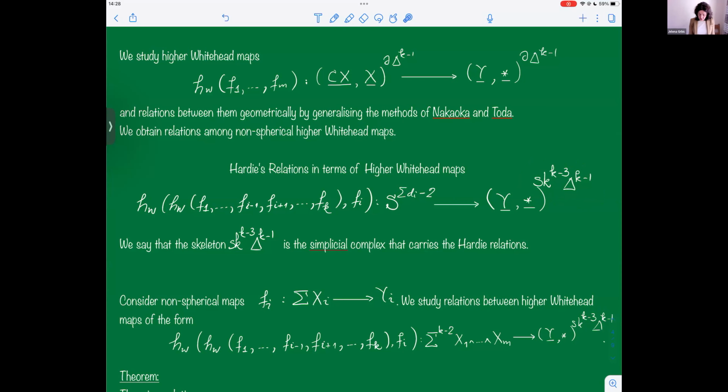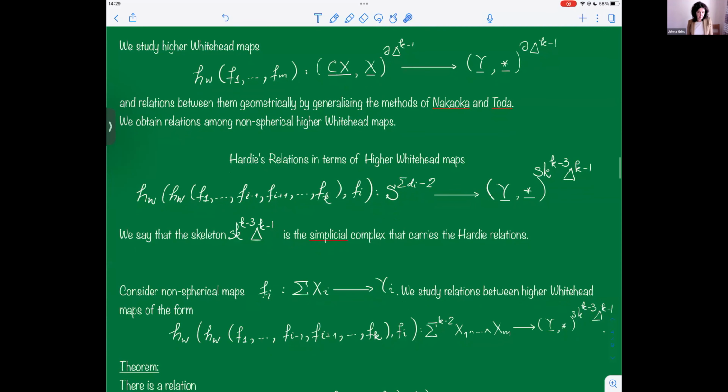Okay, so our first goal is, now that we can rewrite that in terms of polyhedral products, can we generalize the Hardie's identity to maps from suspensions rather than just maps from spheres?